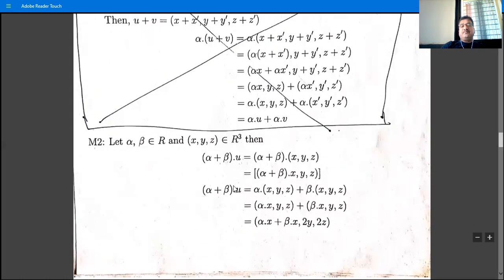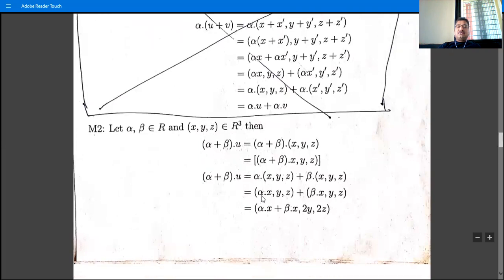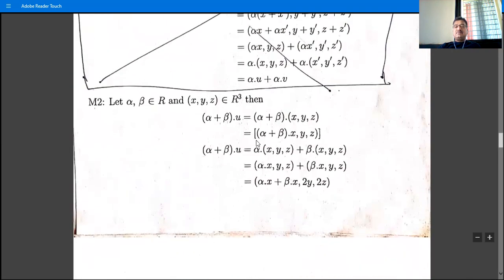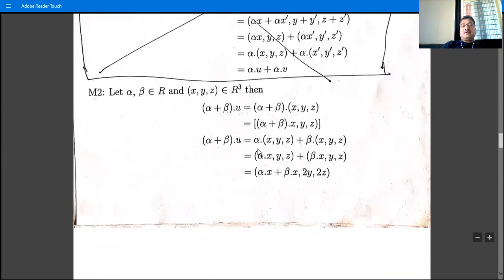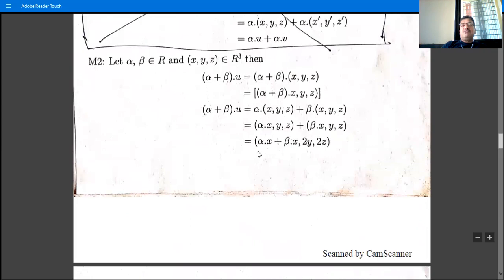Don't write the general proof. Take alpha, beta, that is k, l, and u bar as a particular element. The general proof is also true and useful, but by taking a counter example, we can easily show this property fails for this set. So don't write the general proof, write a counter example.